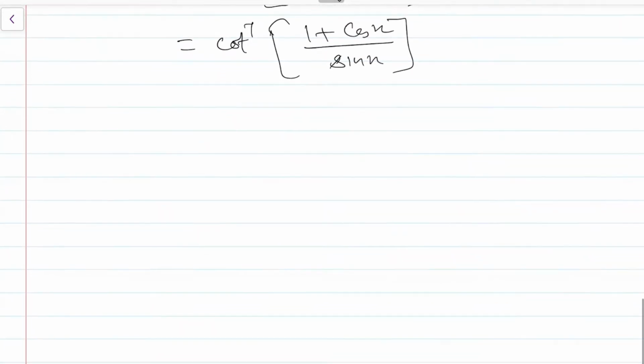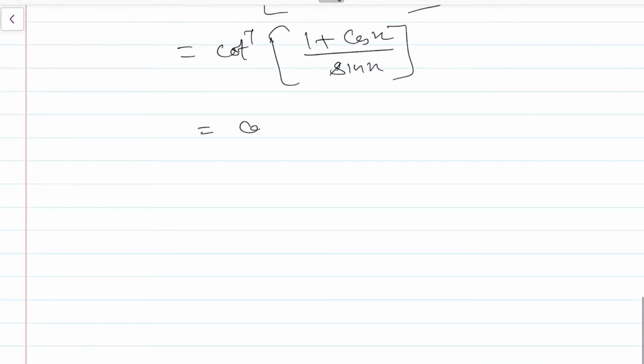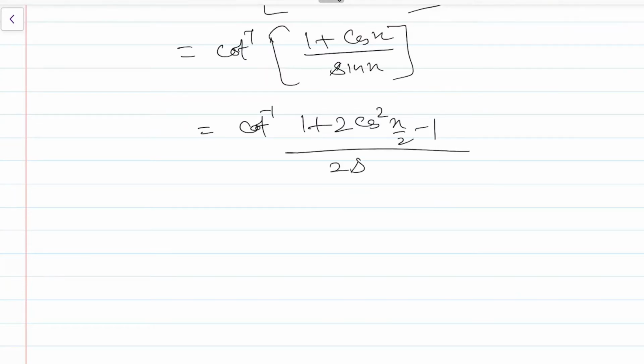Using the cosine formula in the numerator, we get cot inverse of 1 plus 2 cos square x by 2 minus 1, divided by 2 sin x by 2 cos x by 2. Now this 1 will cancel this 1.